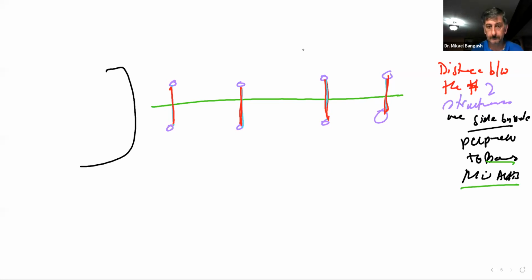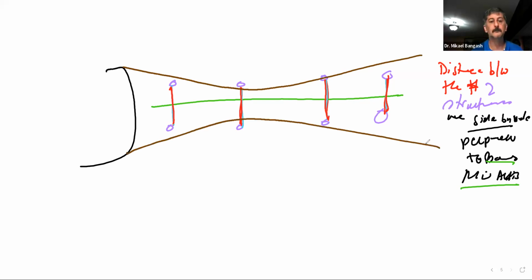A beam. And say, well, if this is your beam, we can then say this here is the width of the beam at different points.